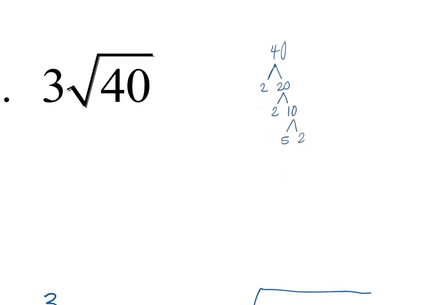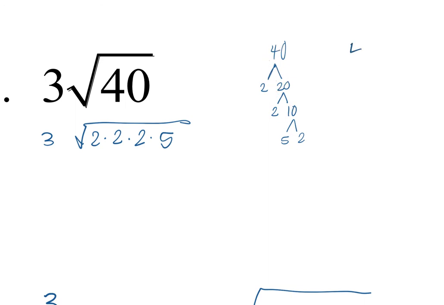So the square root of 40 could be rewritten as 2 times 2 times 2 times 5. I don't have to put those numbers in any certain order, and the way I divide out 40 doesn't matter either.